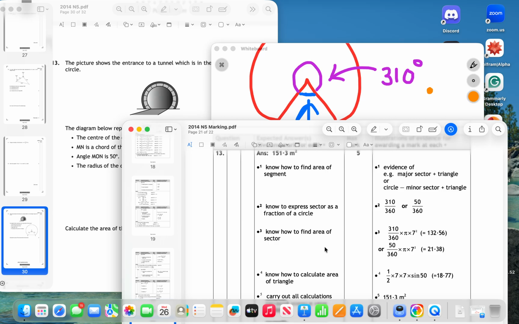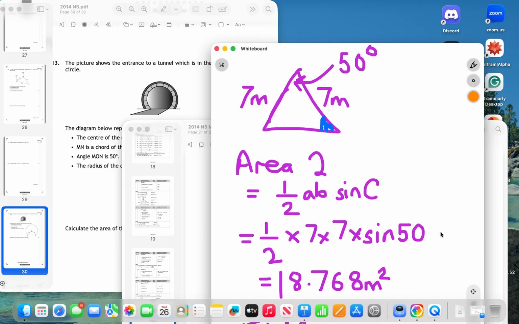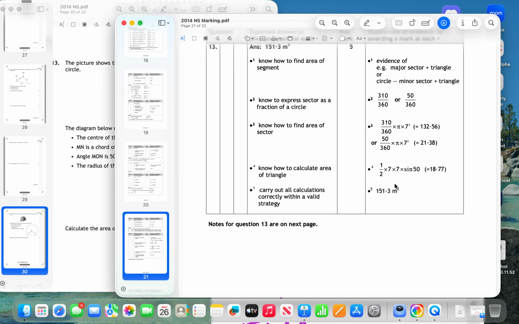The fourth mark is for finding the area of the triangle, or knowing how to do it. Oddly enough, if you have a look at the marking, the areas are in brackets, so you don't get the marks directly for this, but you will get the marks at the end.